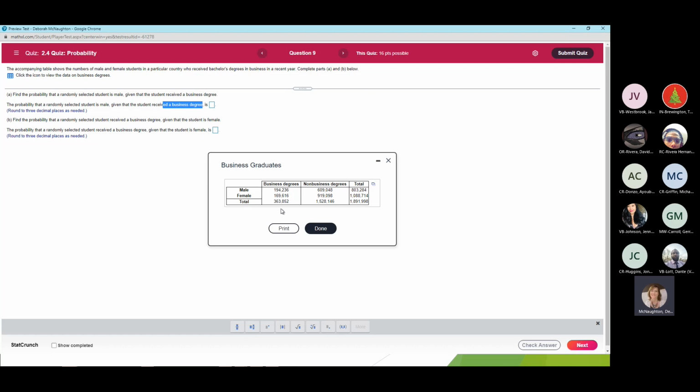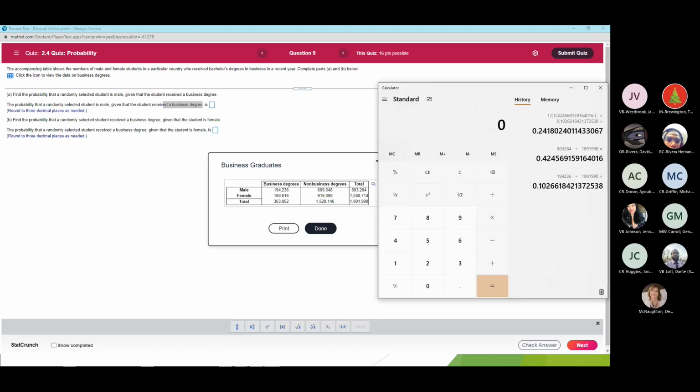So the probability that I'm male, given I have a business degree, is going to be 194,236 divided by 363,852. So let's do that. Whatever they say given, you can just look at that column or that row. If they said given that the person is male, then you would look at the row.